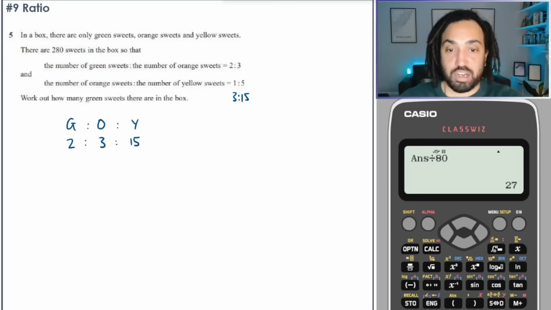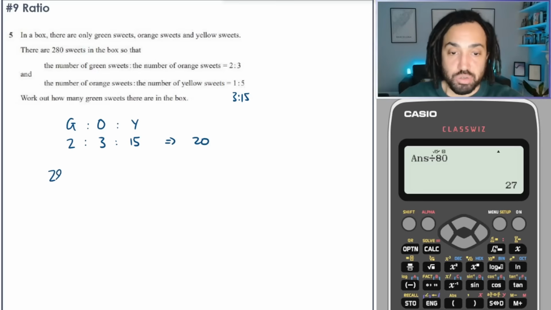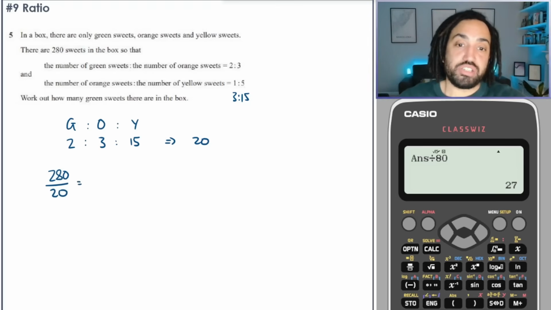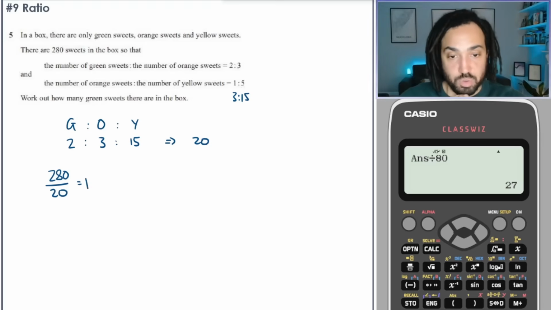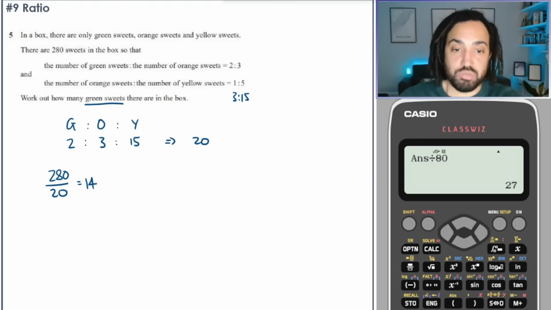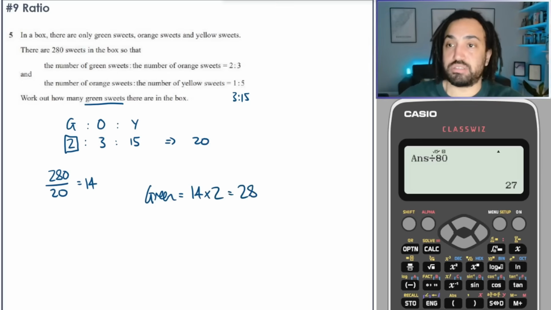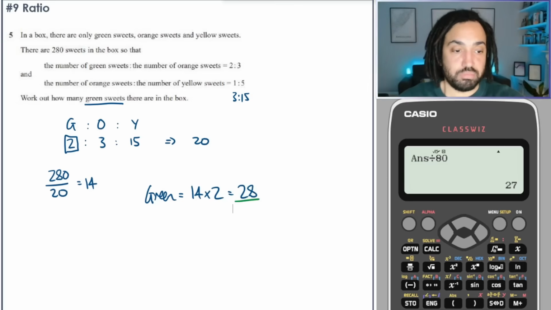So we can add up the total ratio, and that gives us 20. And then we can take the total and divide it by the number of shares. And that means that each share is worth 14. So how many green sweets are in the box? Well, green has 2 shares, so green is equal to 14 times 2, which is 28. Beautiful.